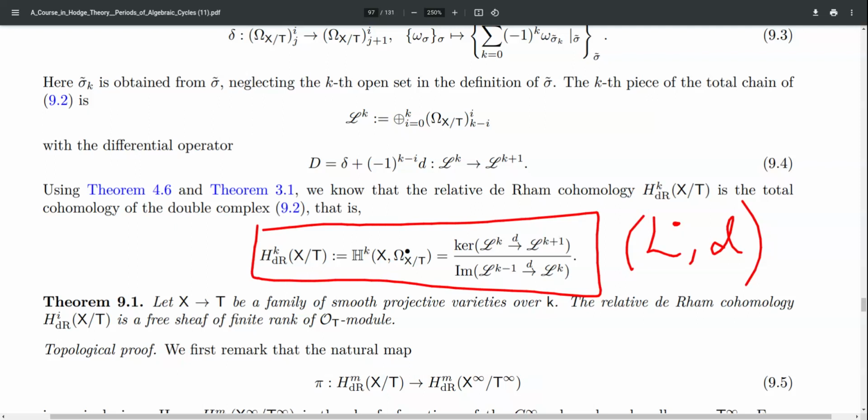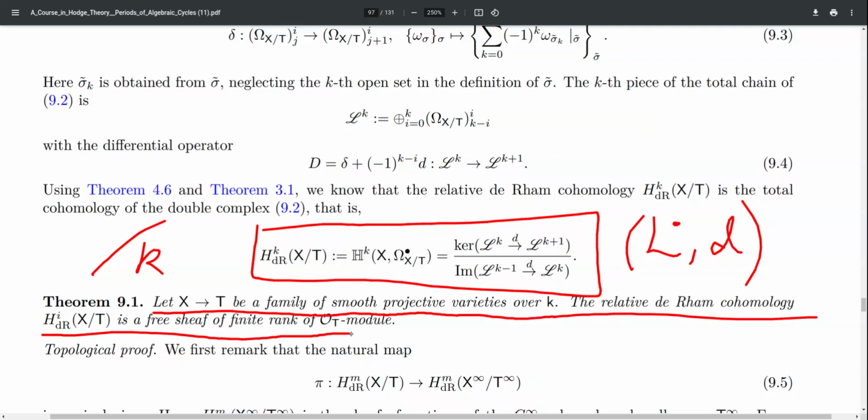Now, one very important fact is that everything is done over an arbitrary field k of characteristic 0. When we start from a smooth projective variety over k, then the relative de Rham cohomology is a free sheaf of finite rank of O_T-modules.